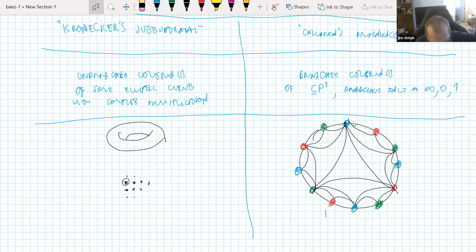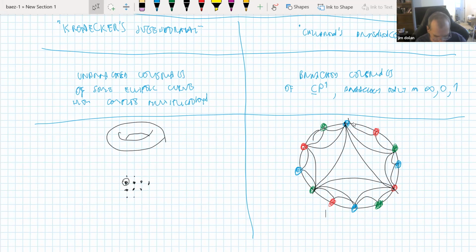I think we're going to see, because one thing people do say is that this Grothendieck-Teichmüller action will manifest as some automorphisms of the universal profinite completion of the free group on two generators.